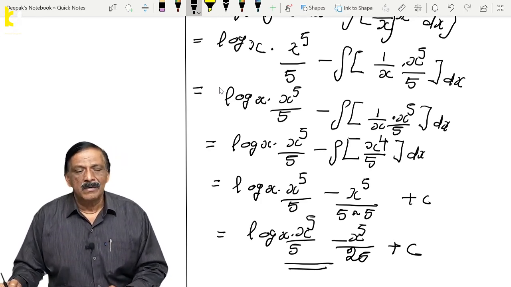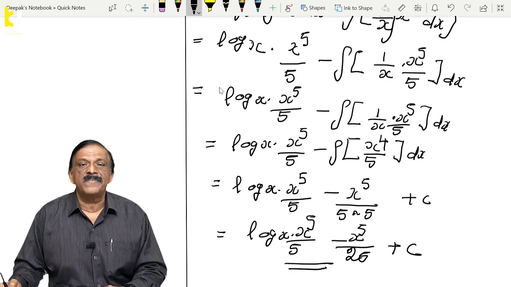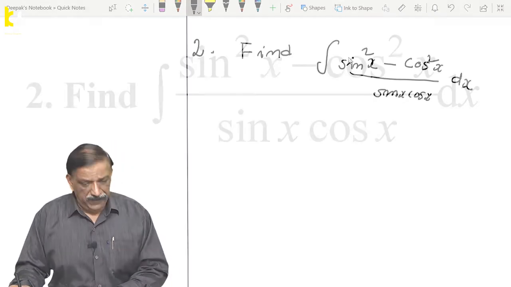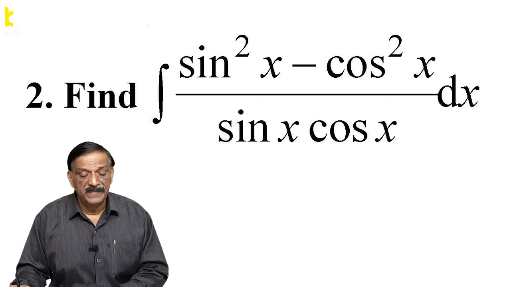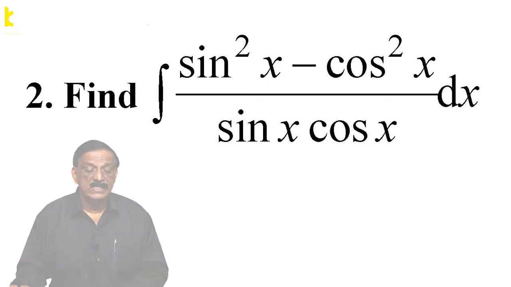Clear? Okay. Next question is, find integral sin square x minus cos square x divided by sin x cos x dx.